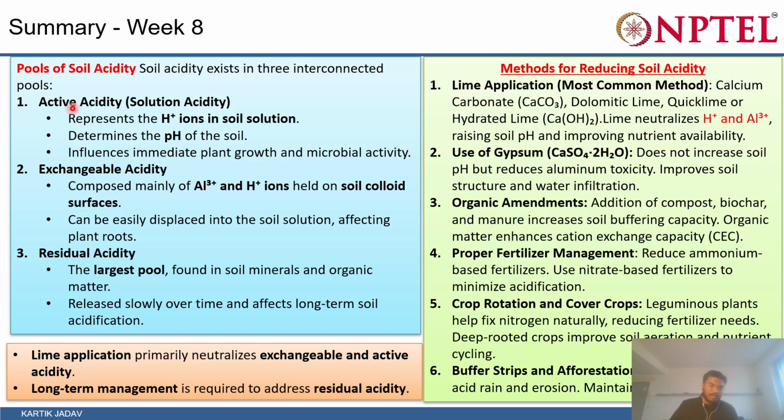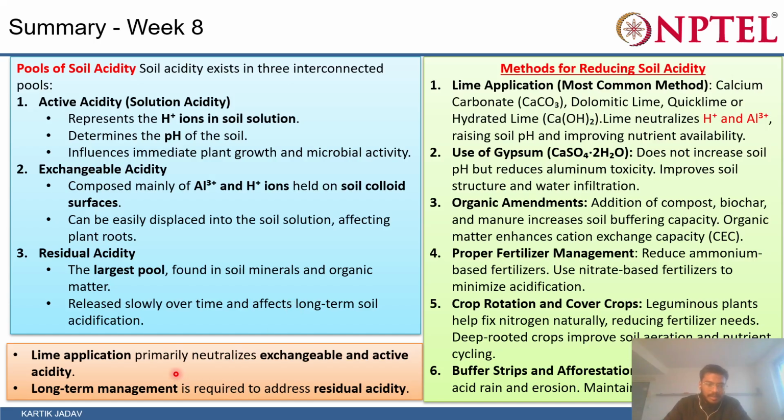Exchangeable acidity is composed mainly of aluminium and H+ ions held on soil colloids, and this can be easily displaced into the soil solution, affecting plant roots. The third one is residual, the largest, and it slowly releases these cations into the soil, ultimately leading to soil acidification.